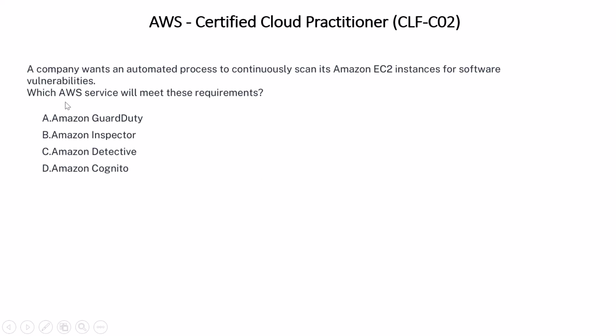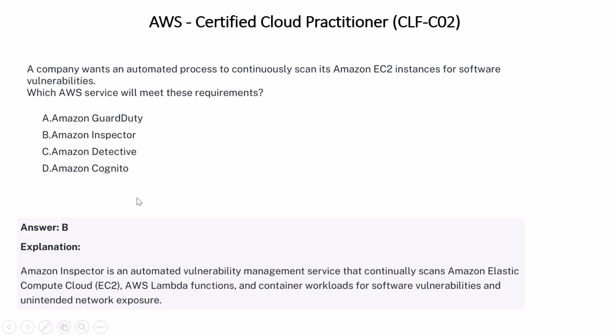Next question. A company wants an automated process to continuously scan its Amazon EC2 instances for software vulnerabilities. Which AWS service will meet these requirements? The options are option A, Amazon GuardDuty, option B, Amazon Inspector, option C, Amazon Detective, option D, Amazon Cognito.